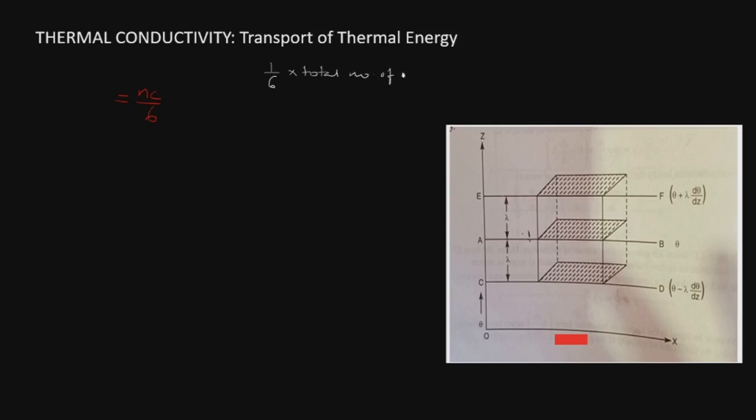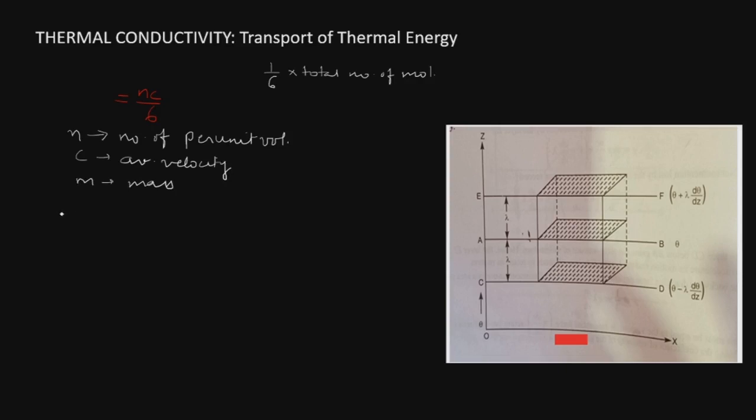Here n is the number of gas molecules per unit volume, c is the average velocity of the molecules at a given temperature, and we take m as the mass of each gas molecule.